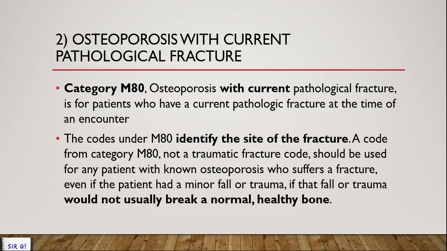It's not common that you suffer a fracture right away from a minor fall or minor trauma. But for a patient with osteoporosis who suffered a fracture due to a minor fall or trauma, which does not usually happen to a normal healthy bone, you still need to code it in M80, even if technically the cause is trauma or minor fall, because the patient already has osteoporosis.